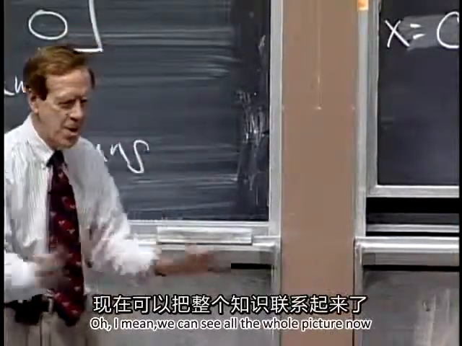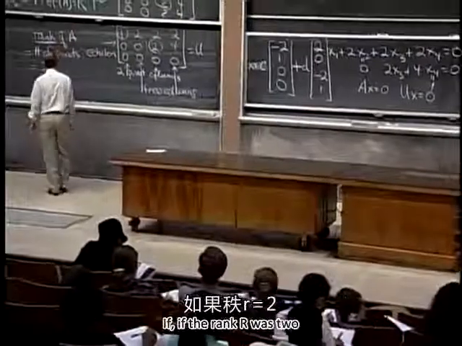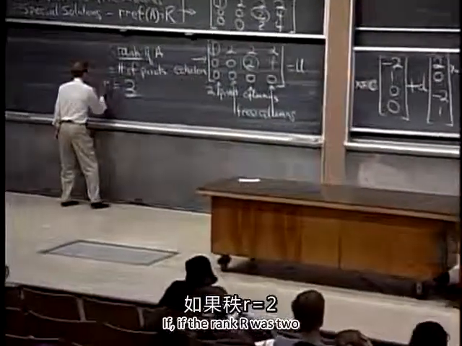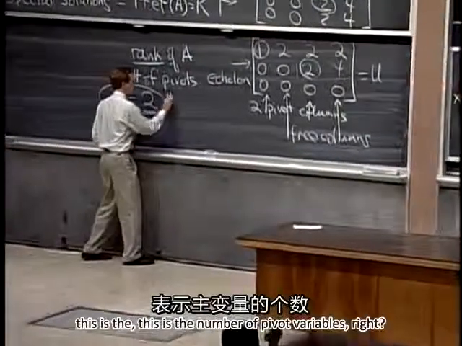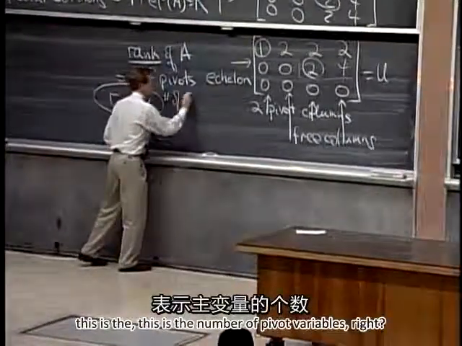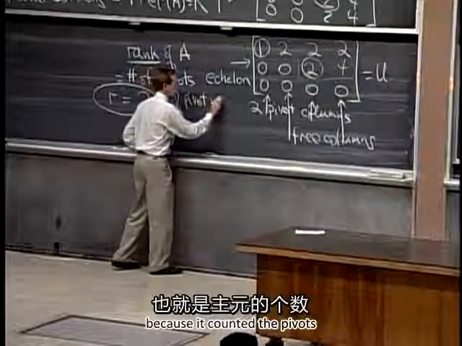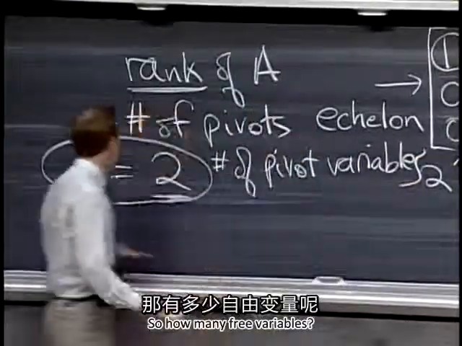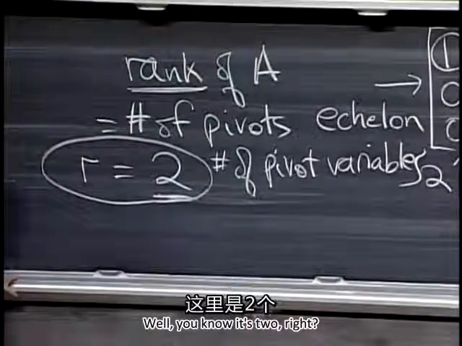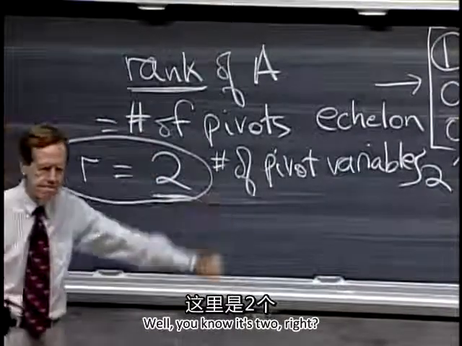Oh, I mean, we can see the whole picture now. If the rank R was 2, this is the number of pivot variables, right? Because it counted the pivots. So how many free variables? Well, you know it's 2, right?